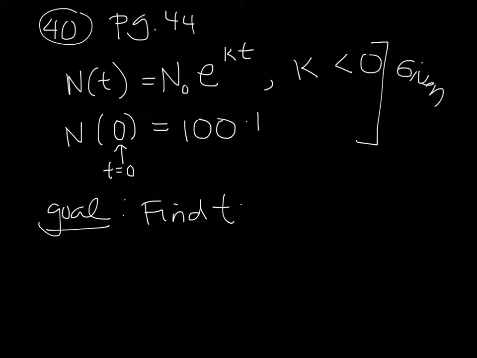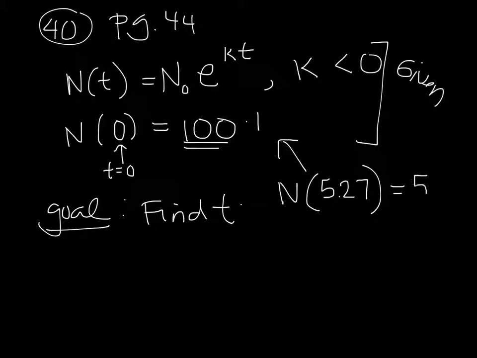We're dealing with half-life, and remember, the half-life tau of a radioactive isotope is the time required for half of it to decay. So this is part of the given: we have N of 5.27, and we started with 100, so N of 5.27 is 50, because we want to know how long it is going to take for it to be 50.